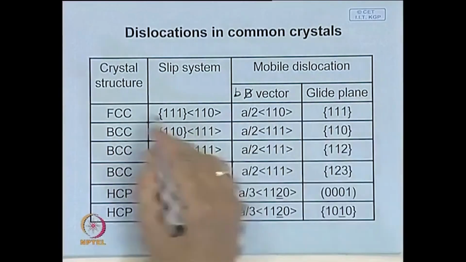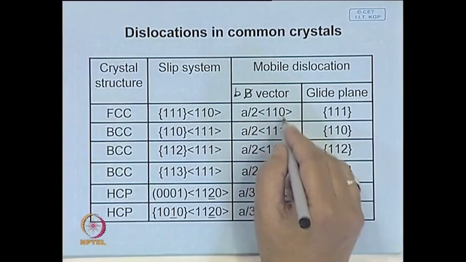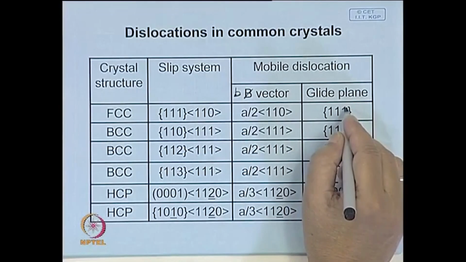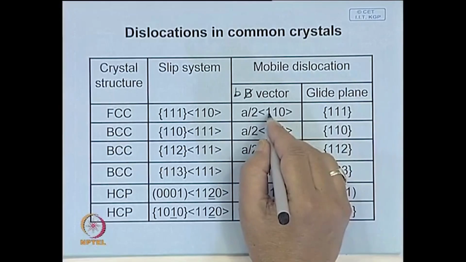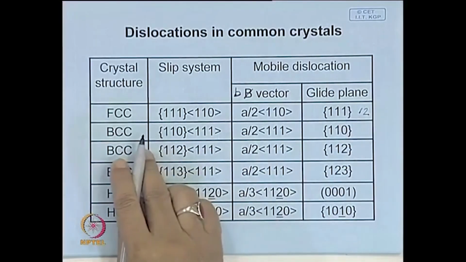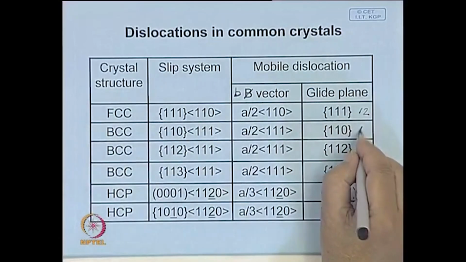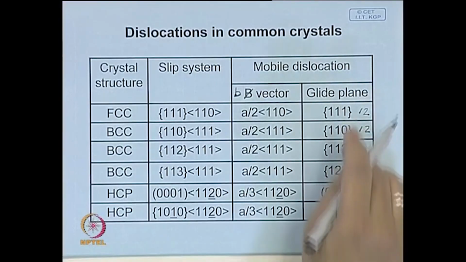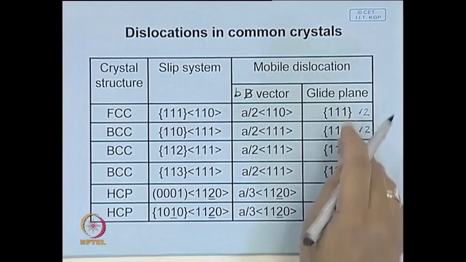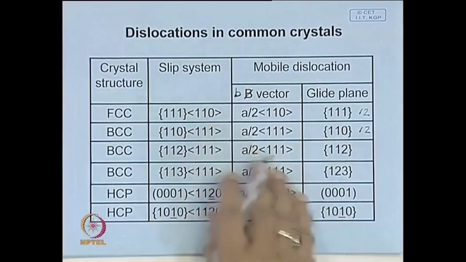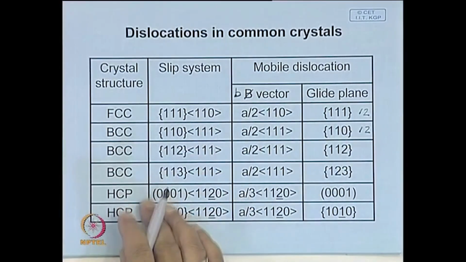Here you can have different combinations of slip plane and Burgers vector. On each of these slip planes you will have 3, so you can calculate this will be 12. Similarly, here also this type is 12. Maybe you try and find out the possible slip systems or glide planes for the dislocations in these crystals.